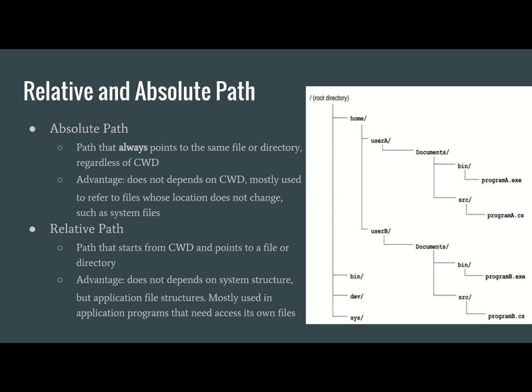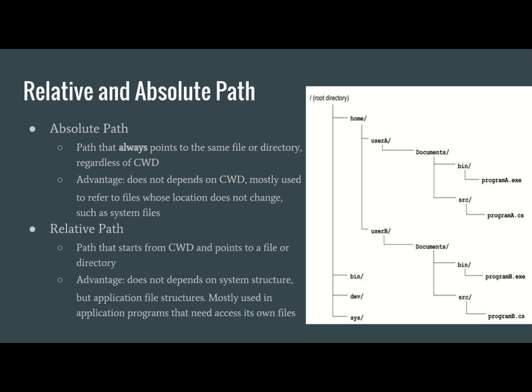If I want to read the content of this file, besides using the absolute path, we can go from bin to documents, and then go to source, and then find out where program A is. It's a little bit of maneuvering, but it's easier compared with starting from root using the absolute path.